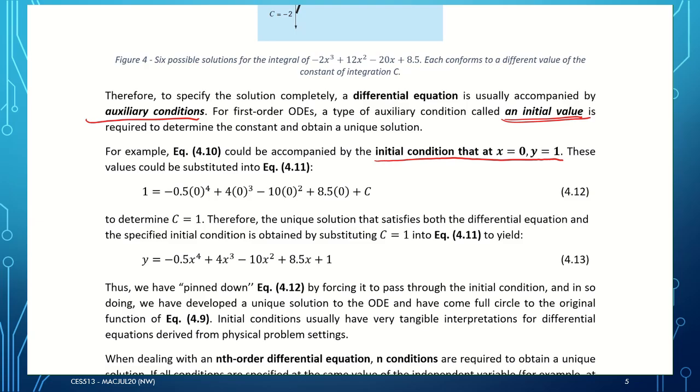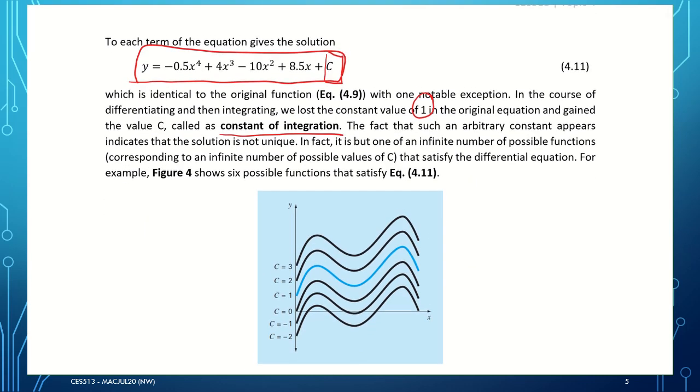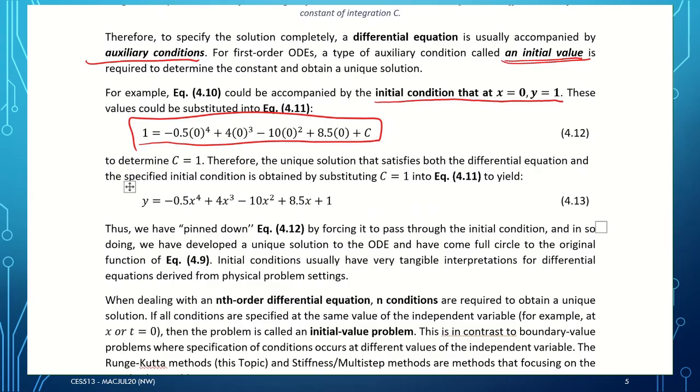When we substitute these values into equation 4.11 with the constant of integration C, then we get the value of C equal to 1, which is similar to the original function.